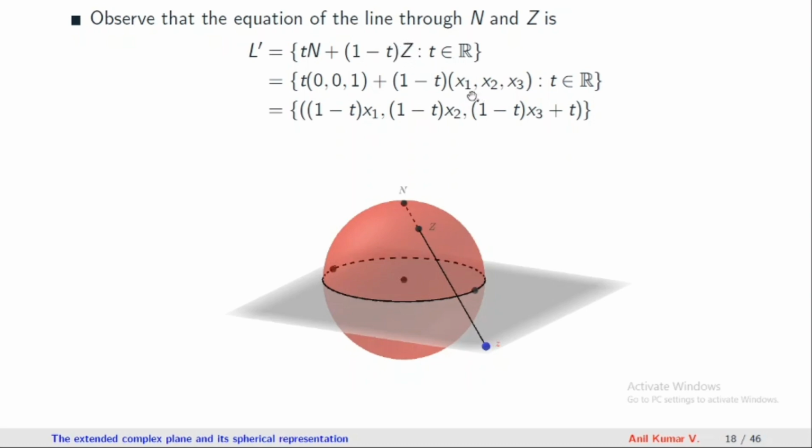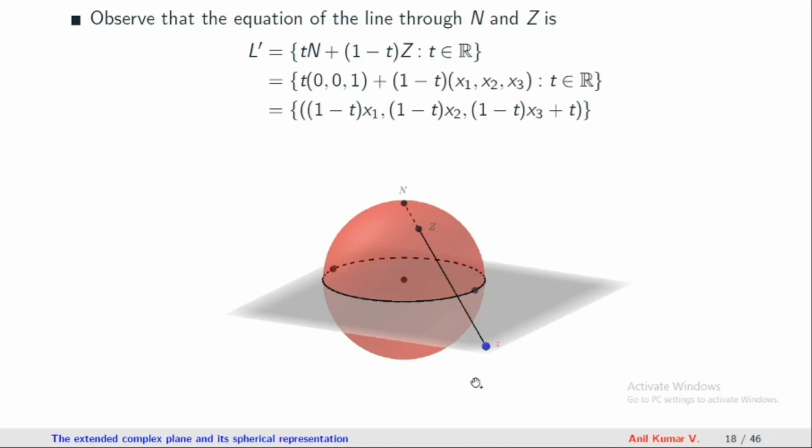The vector z is (x1, x2, x3), t varies over R. So this point can be written as the triplet (1 minus t) into x1, (1 minus t) into x2, (1 minus t) into x3 plus t.